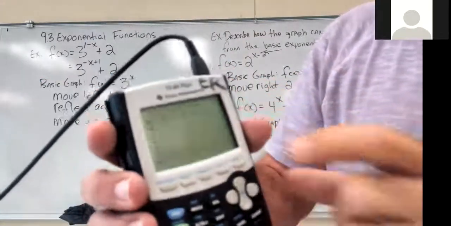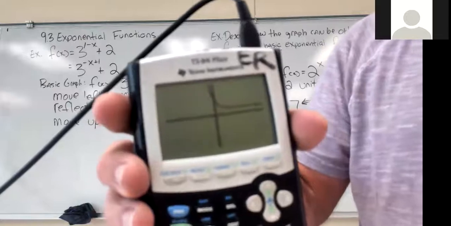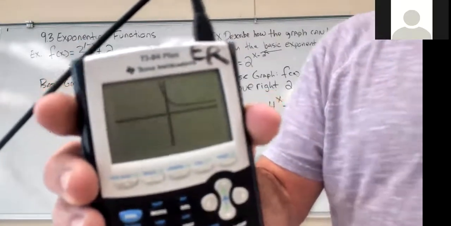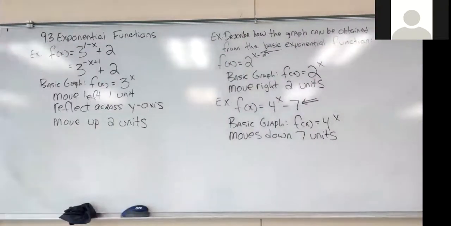All right, then hitting graph. Hopefully you get something like that. Because remember, this graph originally should be going uphill, but now we reflected it and it's going downhill for us, okay?